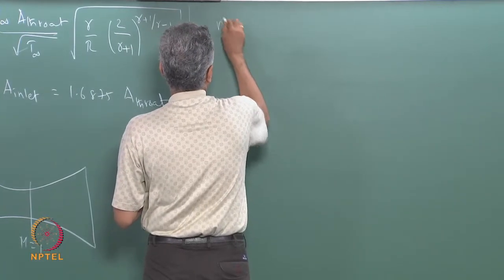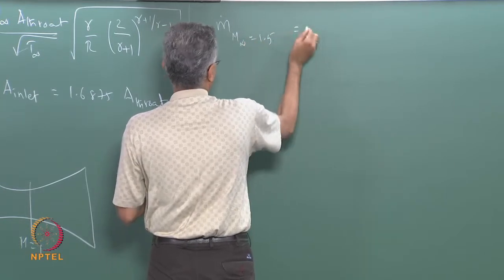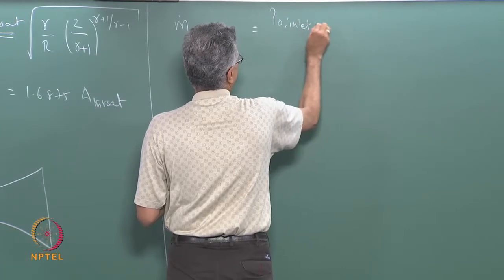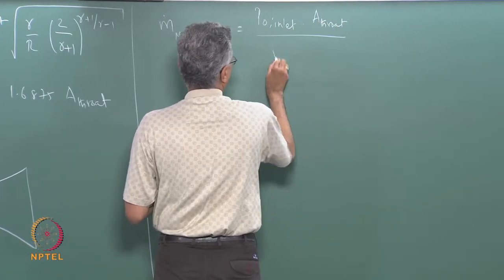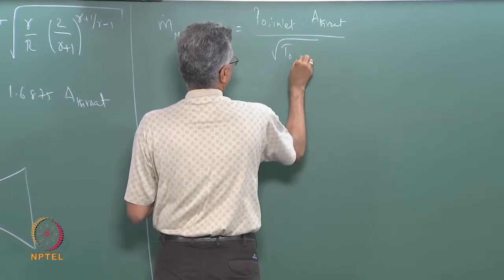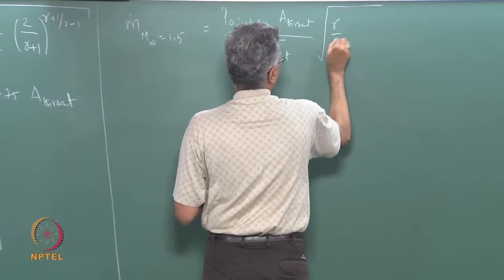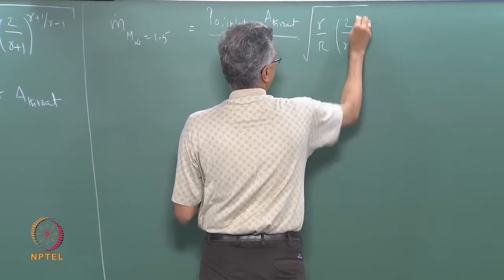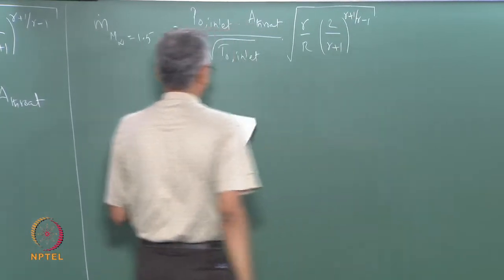The mass flow rate m dot with M infinity equal to 1.5 comes out to be P0 inlet times A throat divided by square root of T0 inlet times square root of gamma over R, 2 over gamma plus 1 raised to the power gamma plus 1 over gamma minus 1.